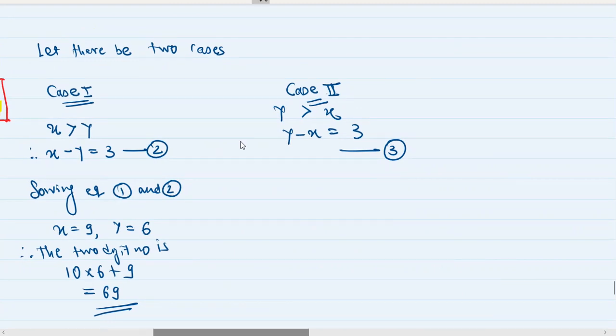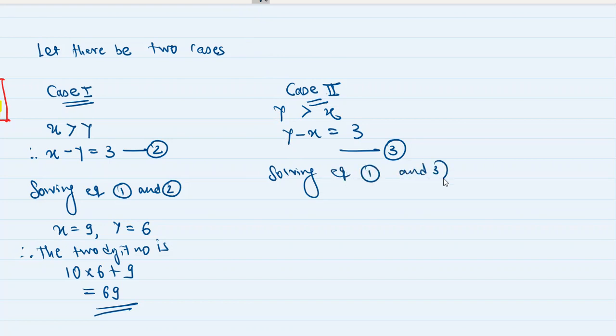See what you are getting? If you are taking y is greater than x in the two-digit number, you are getting y is equal to... sorry, I have to write this statement. Solving equations 1 and 3, we get x is equal to 6 and y is equal to 9.